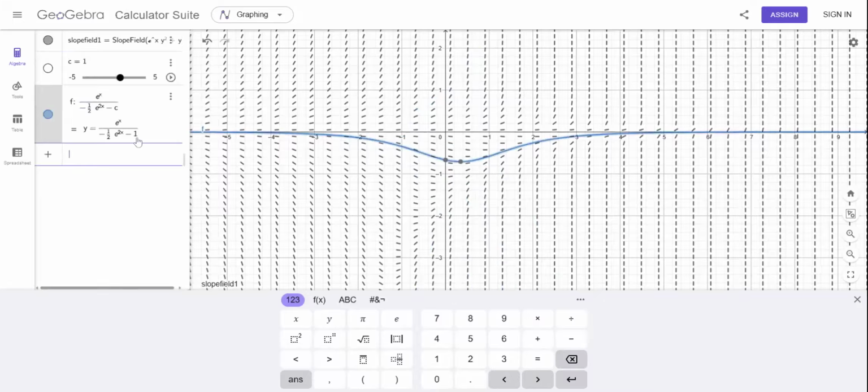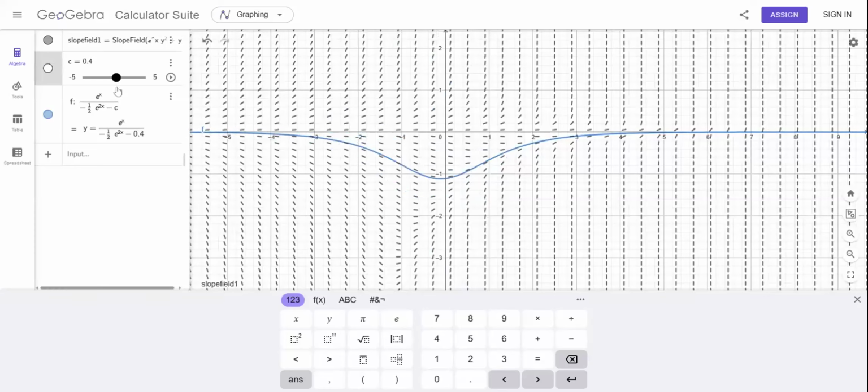Okay, so I put minus c there. I can use a slider here, so you can get different solution curves. You can see some of them there. So anyway, there's just some different solution curves there for it.